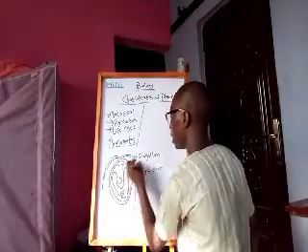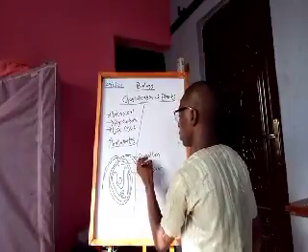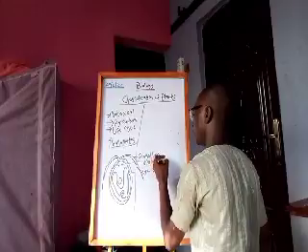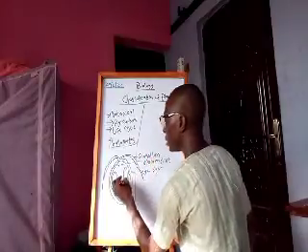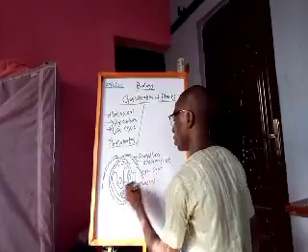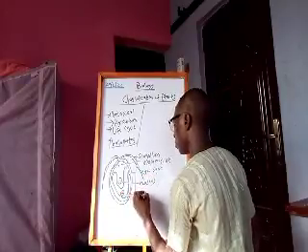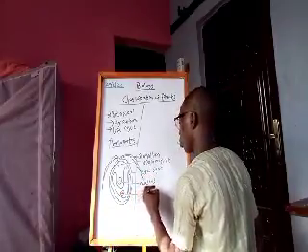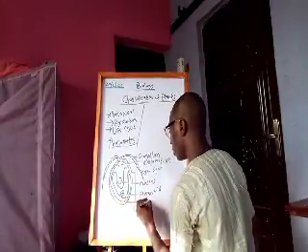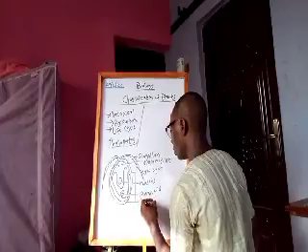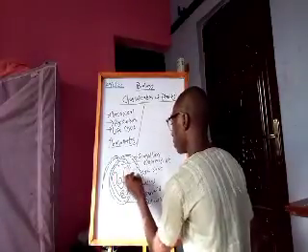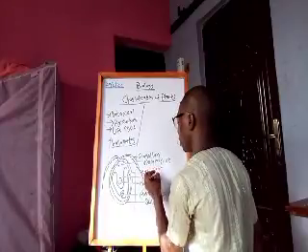This is the blepharoplast. This is the nucleus. This is the pyrenoid. And this is the cell wall, outer membrane. And this is cytoplasm, cytoplasmic material.